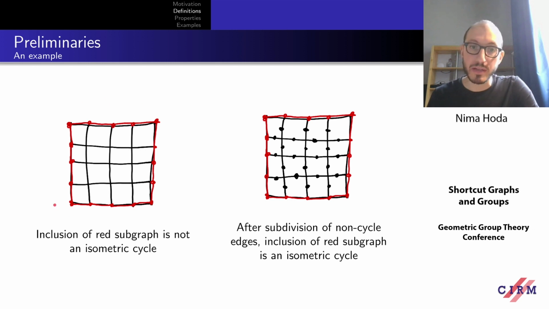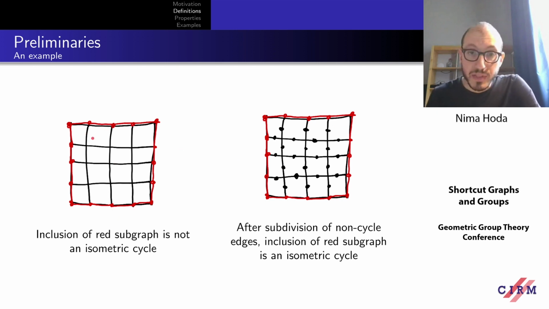The boundary here is a cycle graph, and its inclusion is not an isometric cycle, because we have a pair of vertices here, this guy and this guy, that in the cycle are at distance 8, but in the codomain, in this ambient graph, they're at distance 4 from each other.